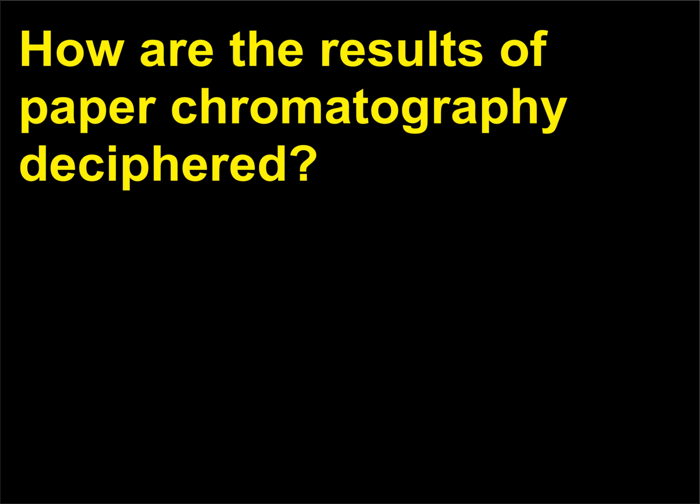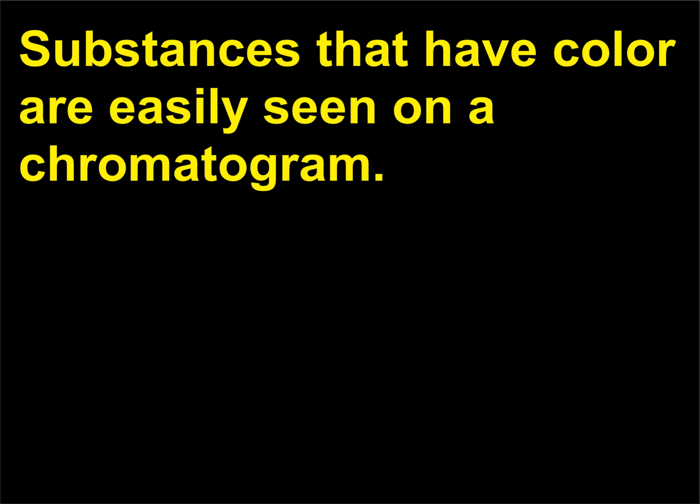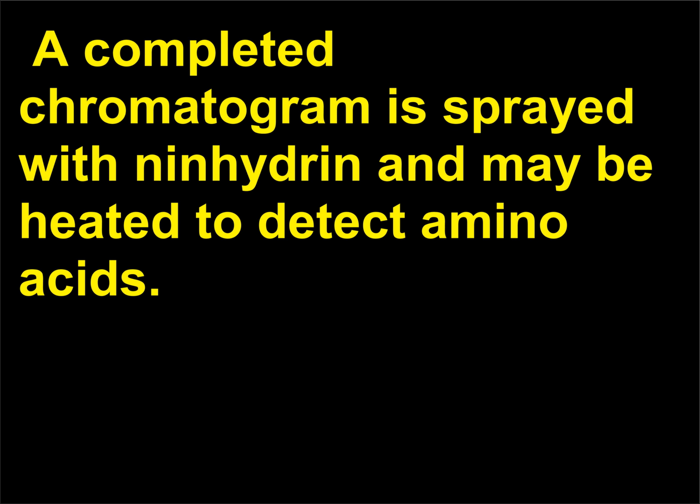How are the results of paper chromatography deciphered? Substances that have color are easily seen on a chromatogram. A completed chromatogram is sprayed with ninhydrin and may be heated to detect amino acids.